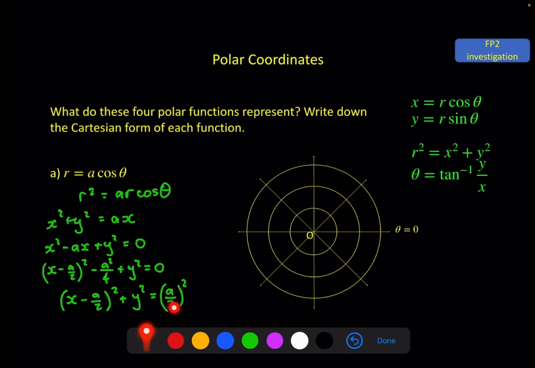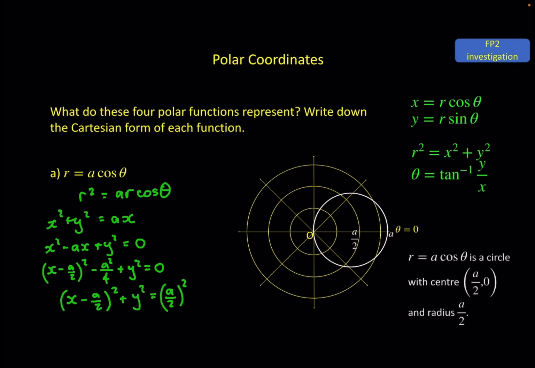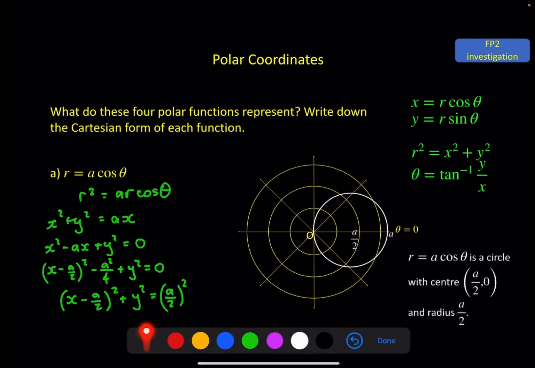So we can see that r here is a over 2, and the x coordinate of the center point is a over 2 as well. That means we have something that looks like this, where the center point is at a over 2, the radius is a over 2, so it cuts here at a and here at the origin. So r equals a cos theta is a circle with center (a over 2, 0) and radius a over 2.